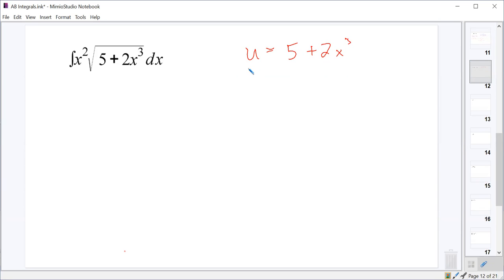And what will du be? 6x squared dx. And do I have a 6x squared in there?